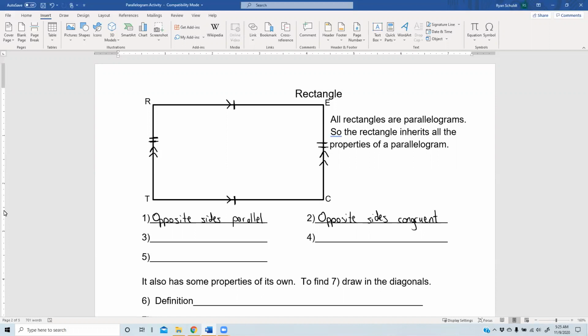Then we have opposite angles congruent. Hopefully you can see that they're congruent. I don't want to mark them right now because I'm just going to have to erase it a little bit later. Diagonals bisect each other.